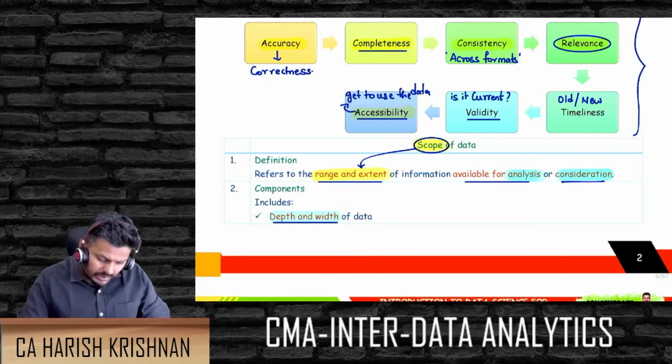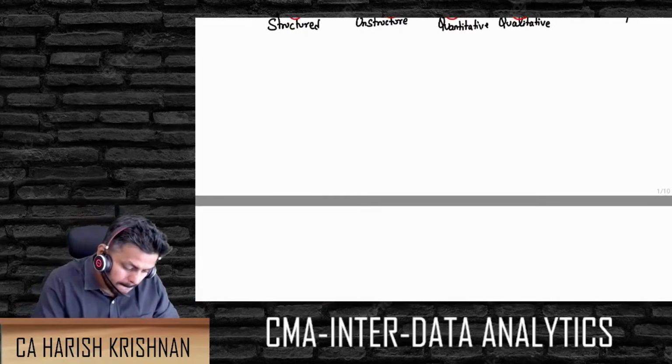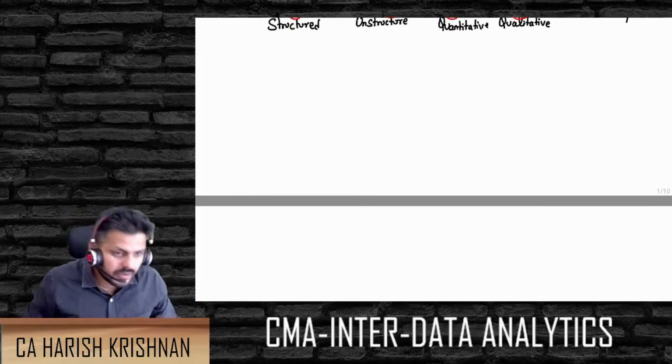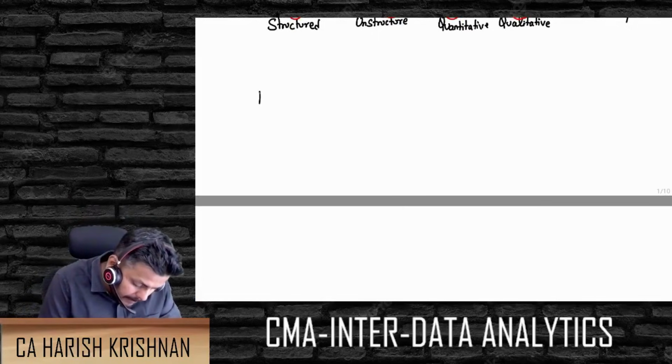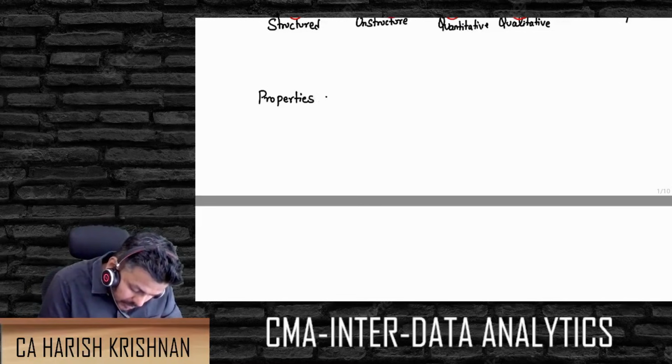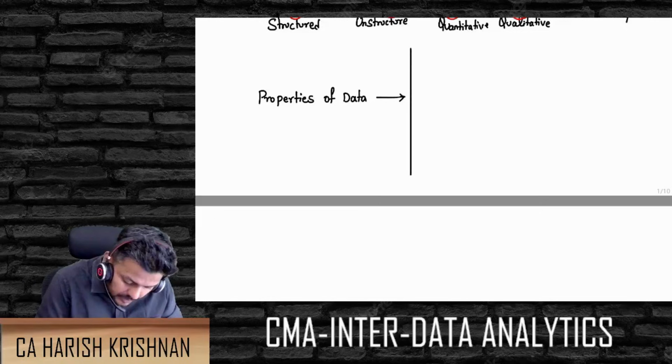Now we know the nature of data. Before we discuss anything, we will talk about the properties of data. Easy, so let us not ignore. We will take all of these 7 into consideration, right?